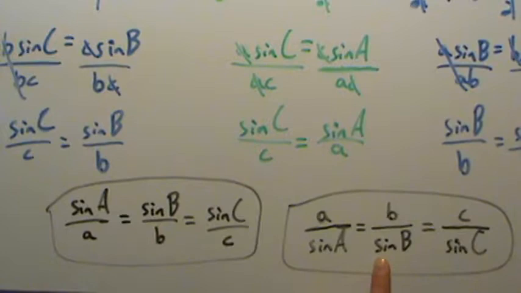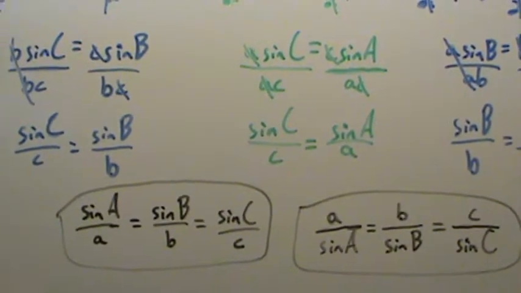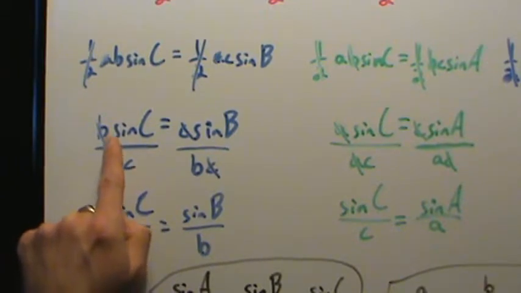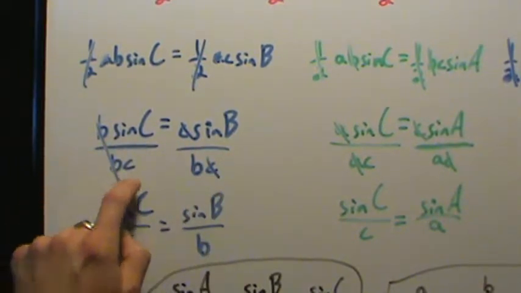Now, how can we establish these directly? Well, remember in these steps up here, once we got to b sine C equals c sine B, we divided both sides by bc.